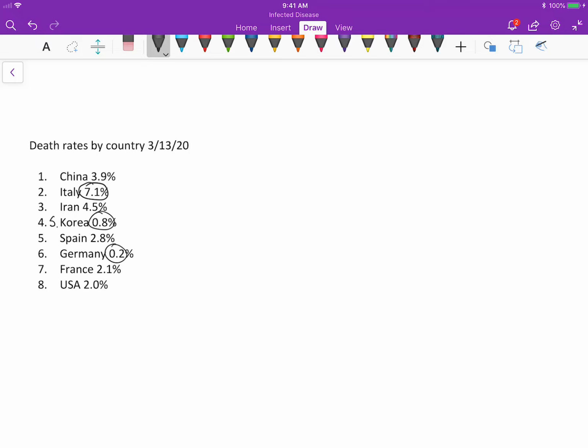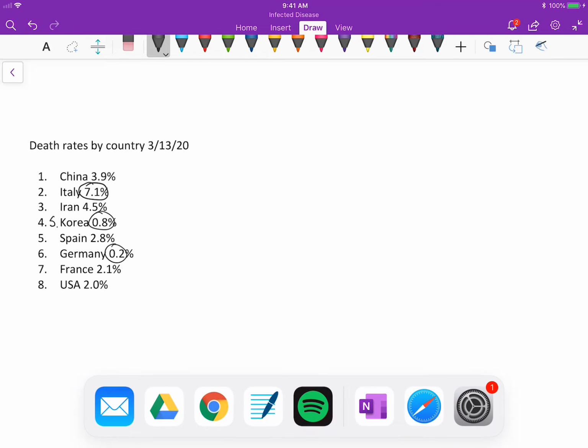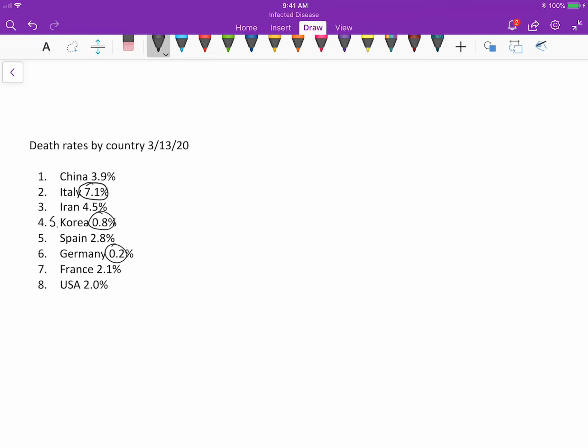Well, I think the encouraging news is that the more and more people that are tested for this and test positive for this, the more we're going to realize that the death rate is going to be lower than 1%. Because if you're not testing massively and you're only looking at a more sick population, then artificially your numbers are going to be higher for death rates.